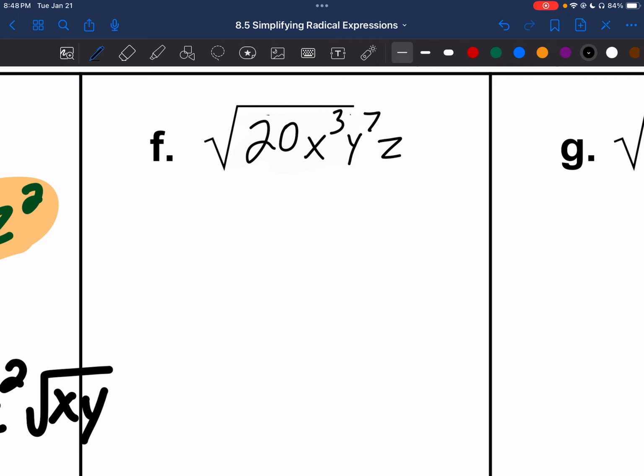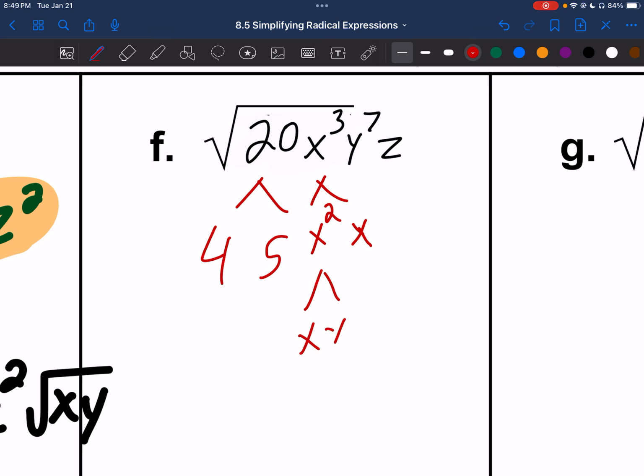X cubed turns into x squared and x, which breaks down into x times x. Y to the 7th, I'm going to change pen colors because this is getting a little tight here. Y to the 7th is y to the 6th and y. Y to the 6th is y to the 3rd, y to the 3rd. And you have z there, which has no exponent.